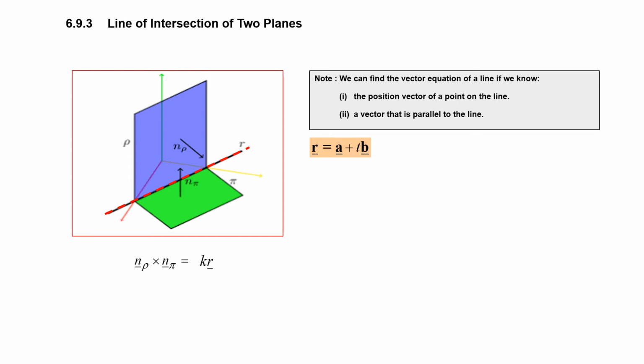However, the cross product of the two normals we found is parallel to the line of intersection. So we will use this cross product of the two normals to determine a vector that is parallel to the intersection line.